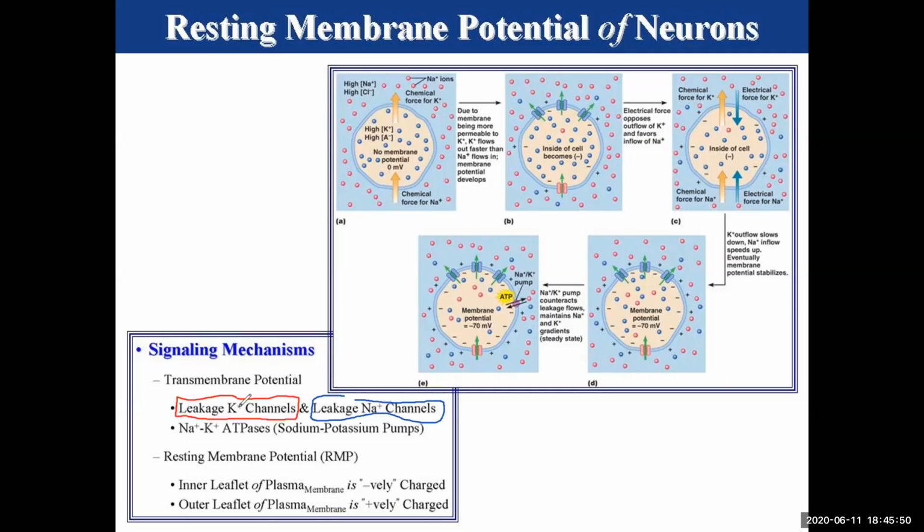Now, there are more leak potassium channels open than leak sodium channels open. In other words, the cell membrane is more permeant to potassium than to sodium.